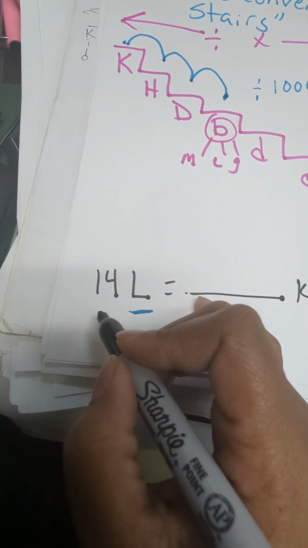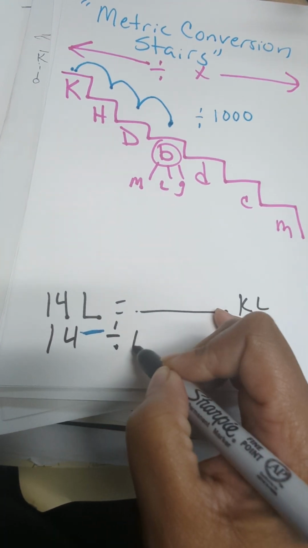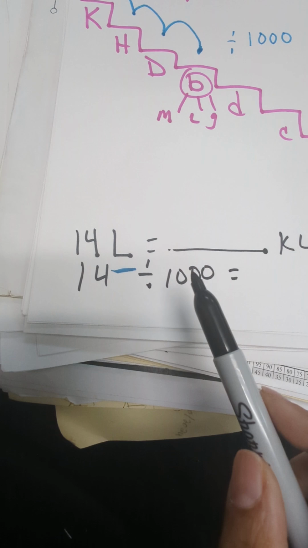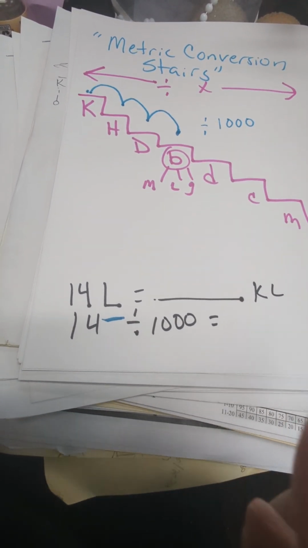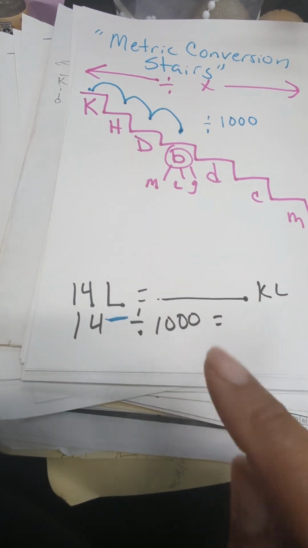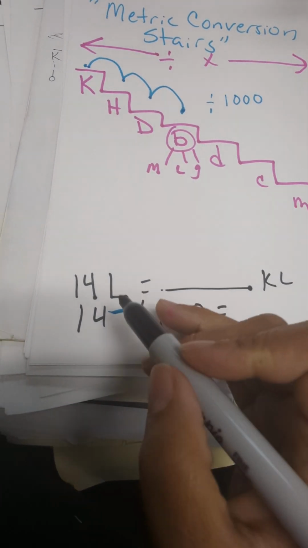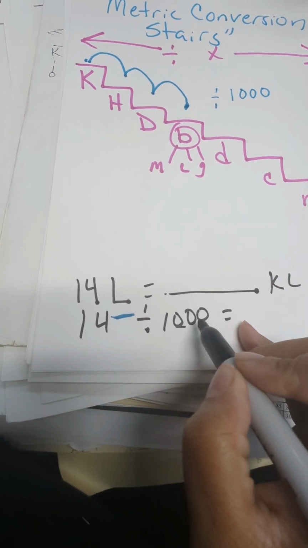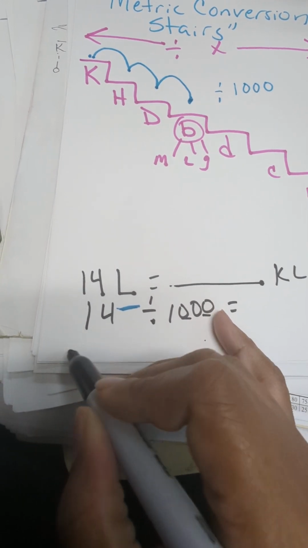Okay, I'm going to rewrite our equation. 14 divided by 1,000. My students know how to divide and multiply by power of 10, right? We're going to move our decimal either left or right. If you don't see a decimal in your number, class, where do we find our decimal? I hope you said at the end. Very good, at the end of the number. All right, so here, 1, 2, 3 zeros in our power of 10, which means we're going to move our decimal 3 place values.